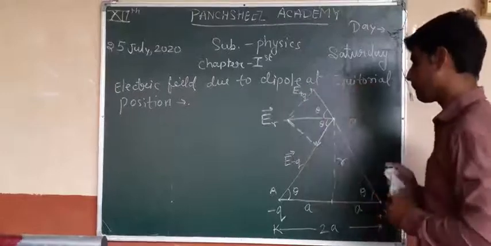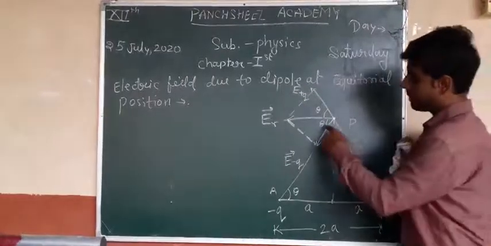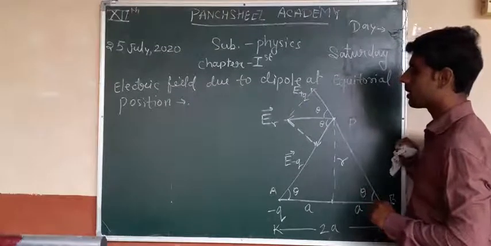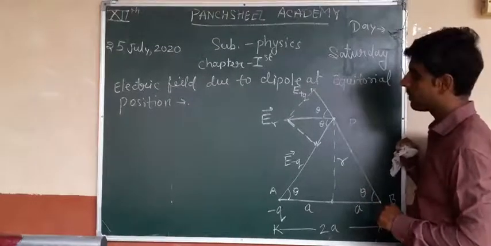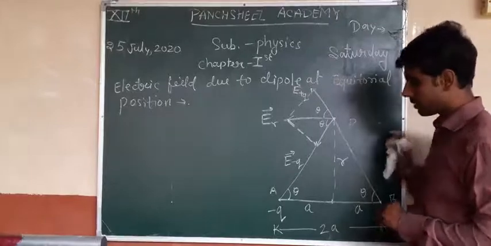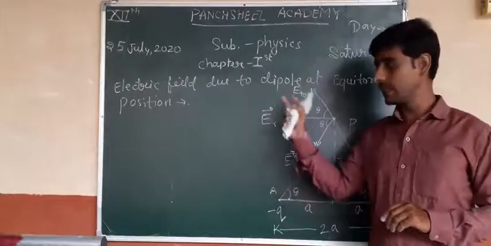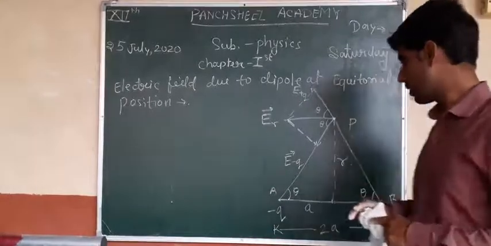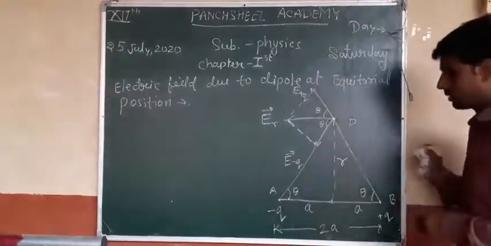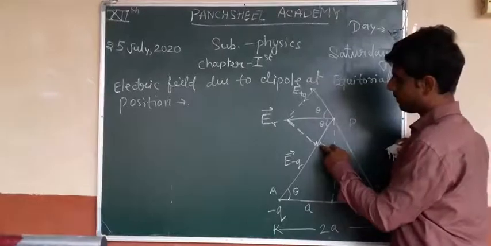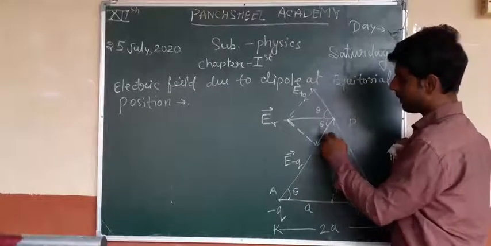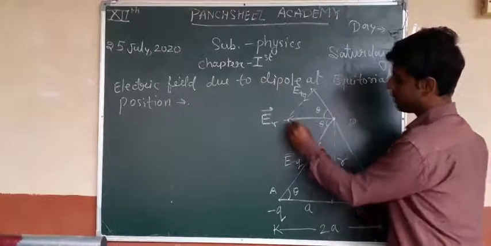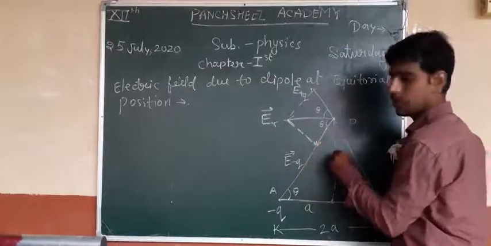Okay, if this angle is theta, we take two components of the field, because we resolve this electric field into horizontal and vertical components. If this angle is theta, then this is the horizontal and this is the vertical.